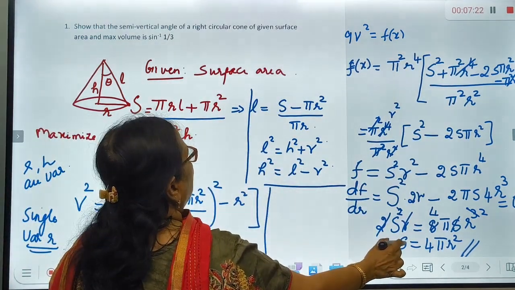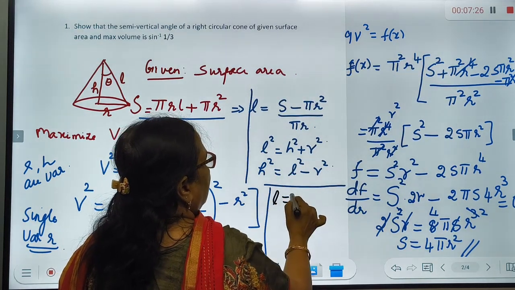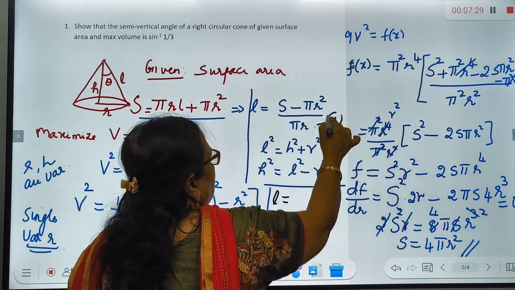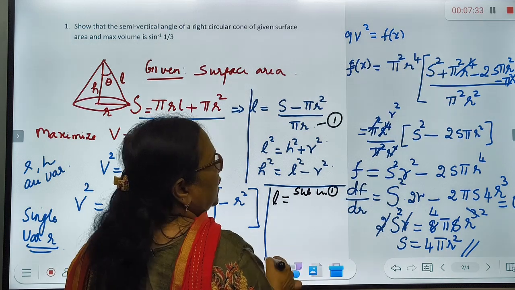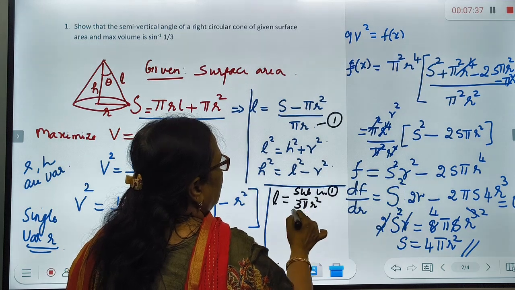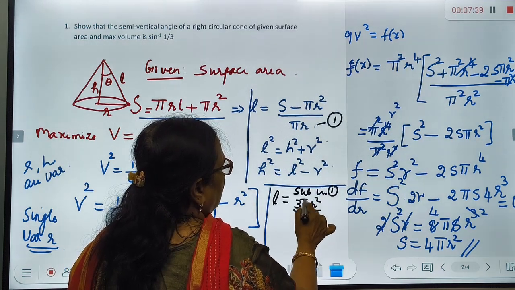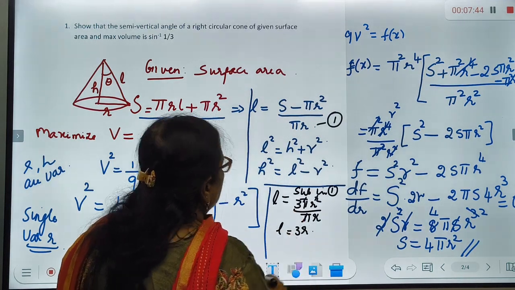Now when s is 4 pi r square, what will be L? I'm substituting in 1. You will get 4 pi r square minus pi r square is 3 pi r square by pi r. So L equal to 3r. Okay.